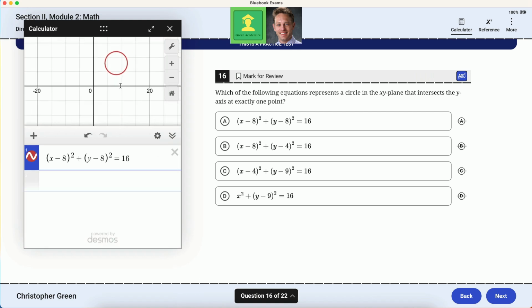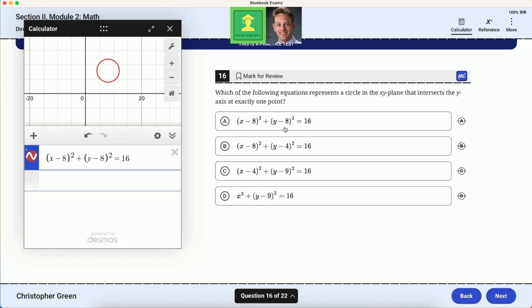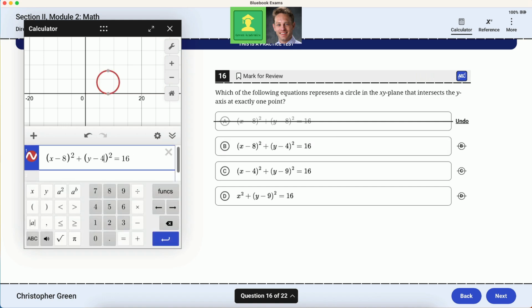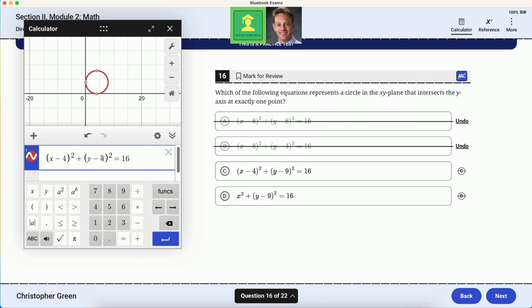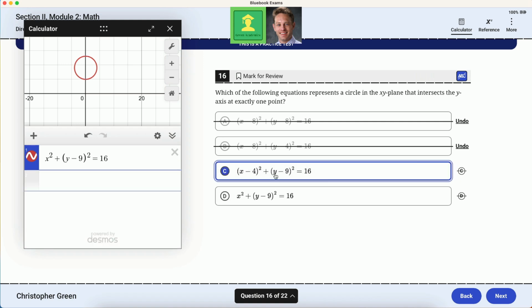You can zoom out and see that that does not touch either axis, so it's not A. And let's just manipulate them one at a time. Changing this to a 4, well, that actually hits the x-axis at exactly 1 point, but not the y-axis. Then to make C as in cat, I change this to a 4 and this to a 9. Sure, that's the answer. It touches the y-axis at the point 0, 9. But just to be thorough, if you remove this, it touches the y-axis at 2 points. So it's C as in cat.